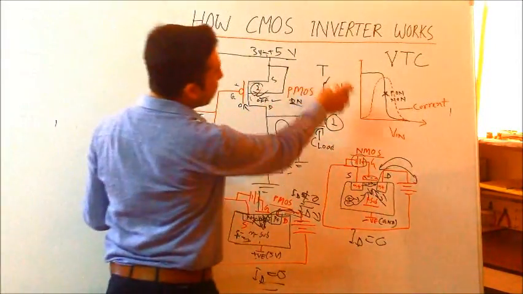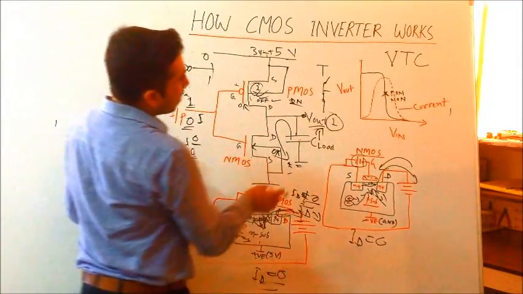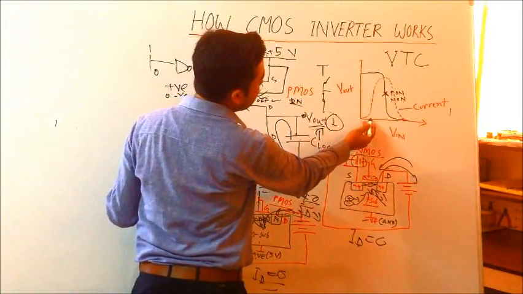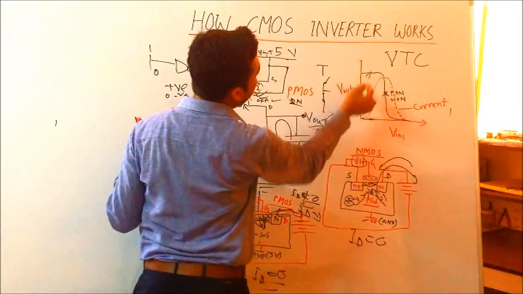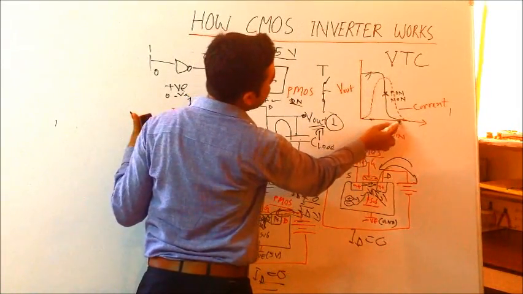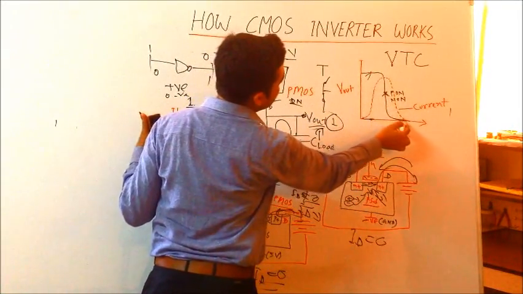So if you check the voltage transfer characteristics, when the input voltage is low, the output is high, and when the input voltage is high, the output becomes 0.